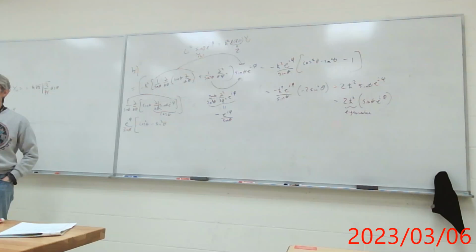Part B, they want to know what the effective spring constant K is for the molecule. Remember, we're modeling this as a harmonic oscillator, so that means there's something like a K. Classically, we have E vibe equals 1/2 m omega squared x squared equals 1/2 k delta x squared.